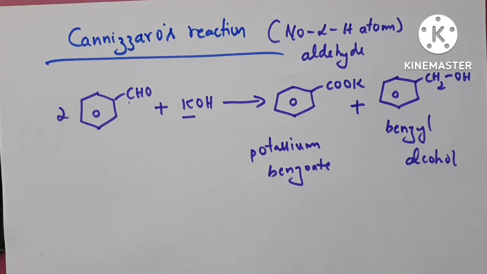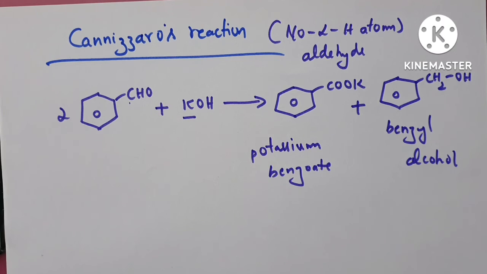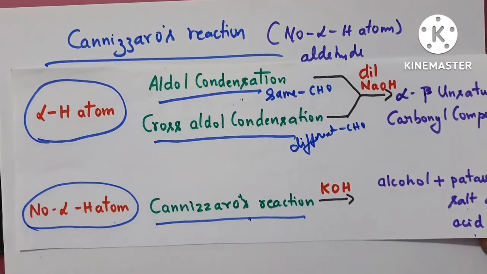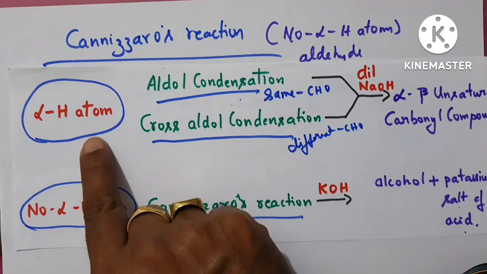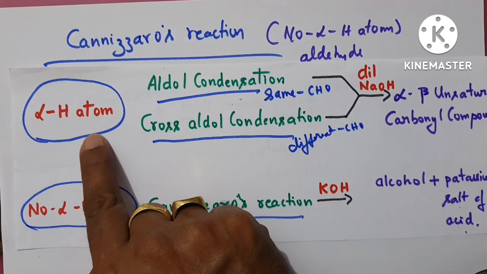And this is all about the two types of name reactions: the aldol condensation reaction, cross aldol condensation reaction, as well as Cannizzaro. Try to remember, aldol or cross aldol is possible only if they contain alpha hydrogen atom.